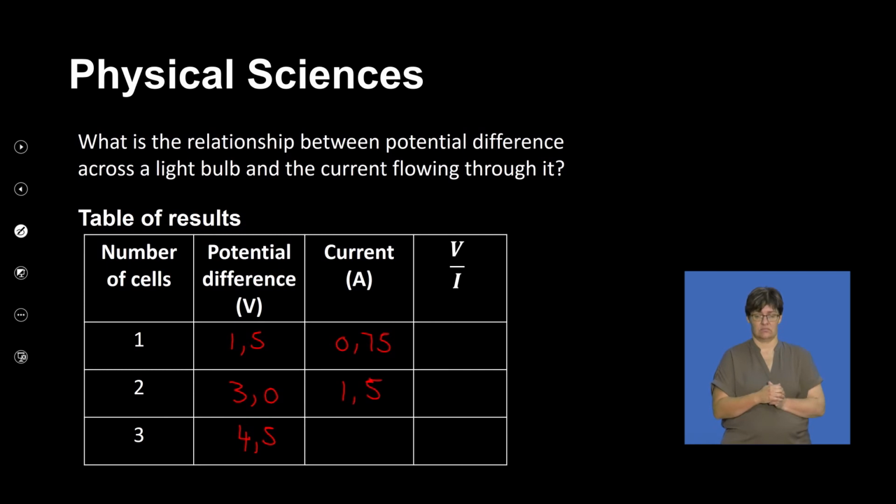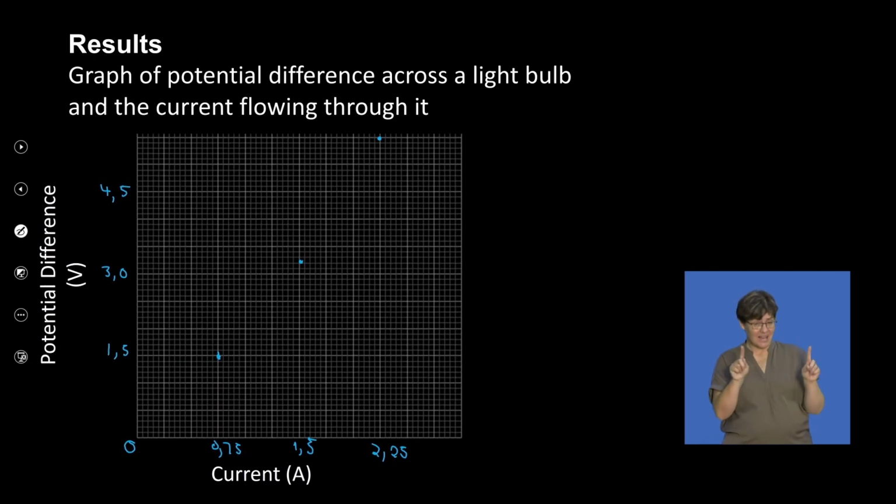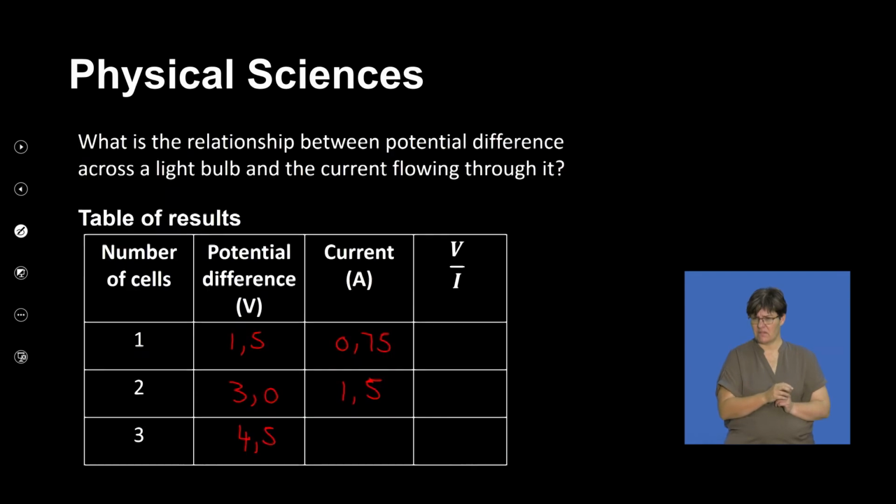So there is some bit of a trend. However, if we look at the voltage of 4.5, the current goes with something like 5.5. So if we go back to the table, it goes to 5.5.